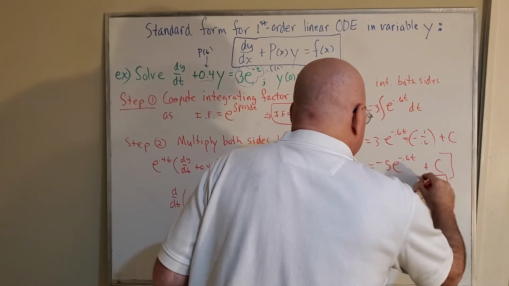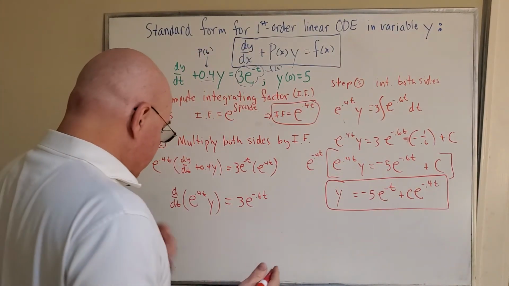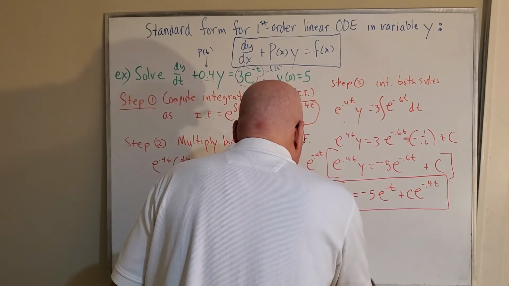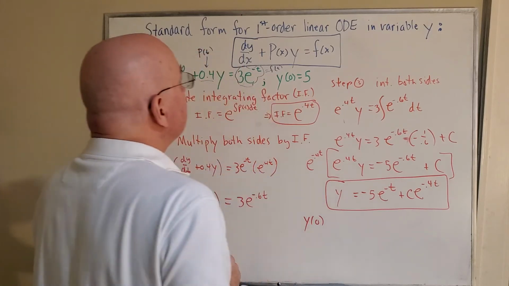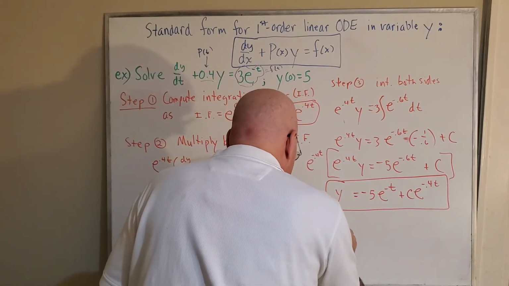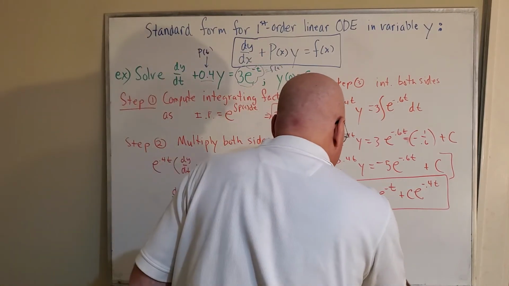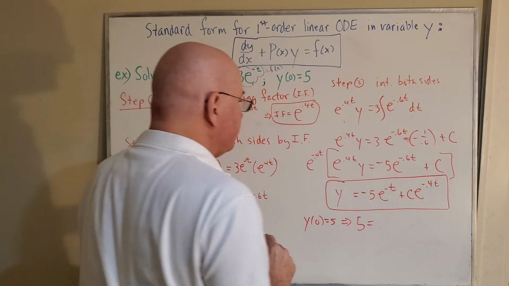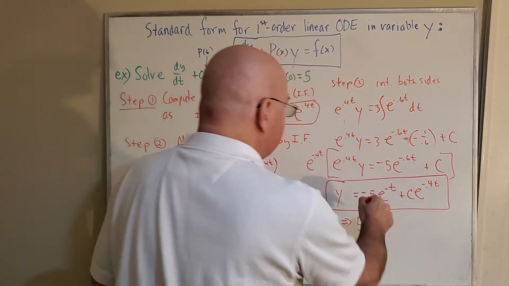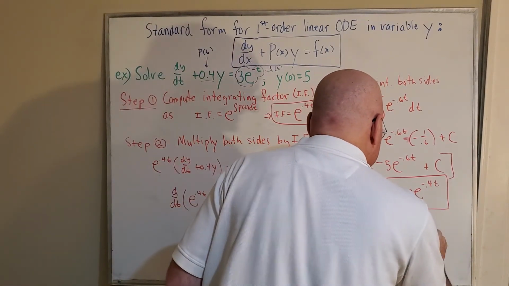We're not quite done. The only thing we don't know is what c is, but the initial value is that y of 0 is equal to 5. So that implies that y is a 5 when t is a 0. So when t is a 0, I'm going to get a negative 5, and that's going to be a 1, plus c.